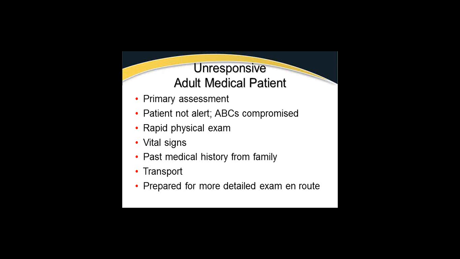Vital signs, past medical history and history of the present illness from any bystander, family, so on and so forth. Transport, and then prepare to do a detailed exam en route. Again, like we did in the trauma patient, if we have the time and we have the hands and everything else is under control, we will do a detailed assessment on an unresponsive patient, simply to gather the most information possible.